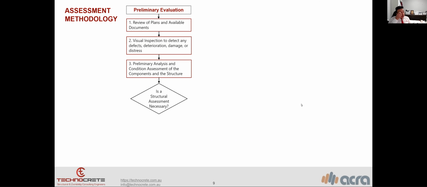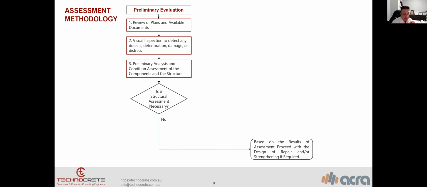Then there will be a question: is a structural assessment necessary? If not, then we have to design proper repair operations or a strengthening, but a strengthening cannot be designed before the other stuff. Then only the repair design can be done if we don't need the structural assessment.